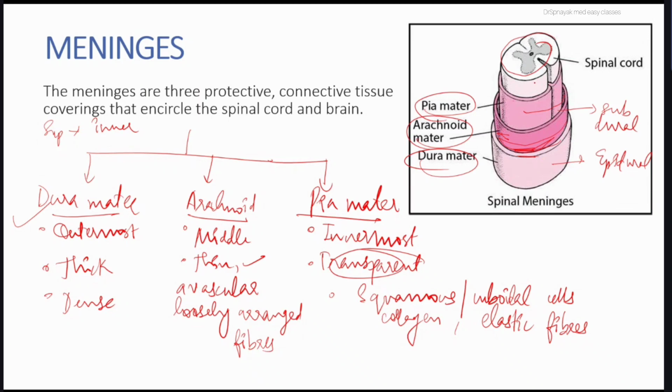And the innermost, that is the space between the arachnoid and the pia mater, is known as subarachnoid space. Cerebrospinal fluid is filled in the subarachnoid space, and in cases of disorders or diagnostic tests where we need to diagnose certain conditions, if we require cerebrospinal fluid, it is taken from the subarachnoid space as it is filled with cerebrospinal fluid.